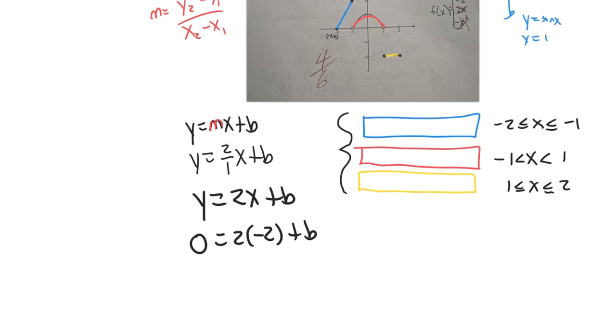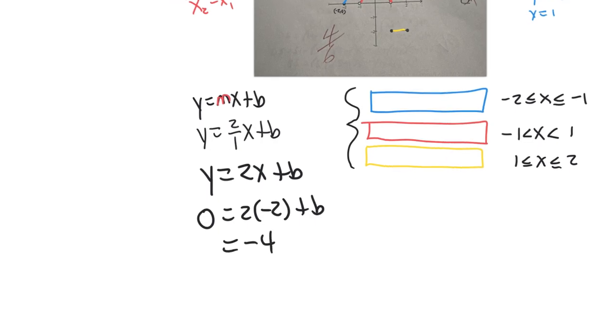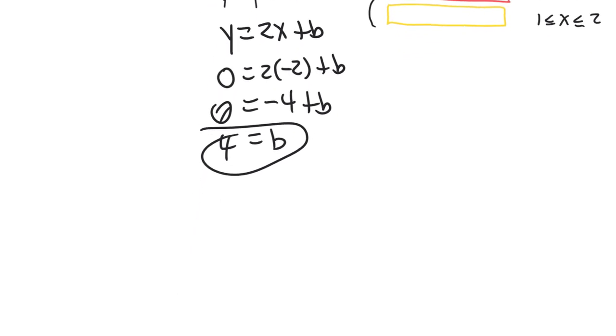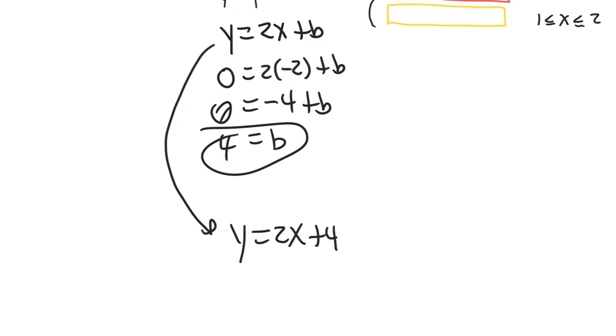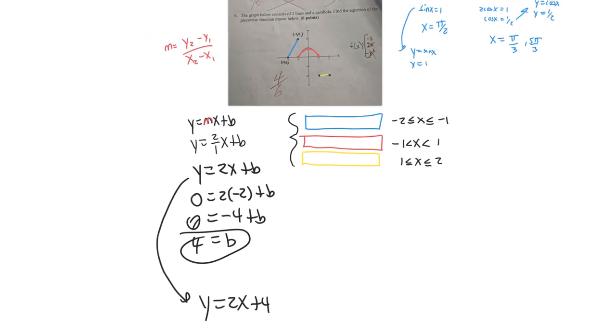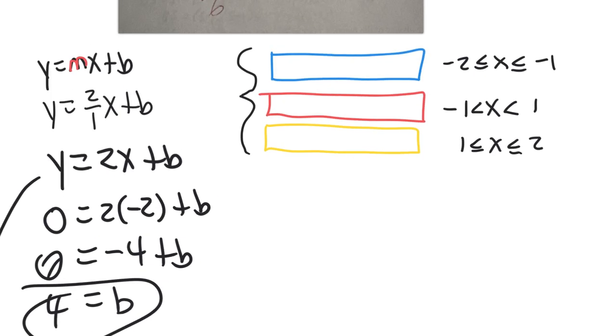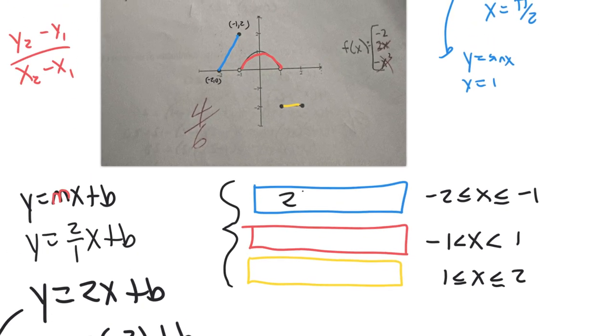And then you could solve for b, and that would be -4 plus b. B obviously is 4. And then do not forget, you must update the equation to reflect what you just found. So that is the equation of the blue line, 2x plus 4. So that goes here.